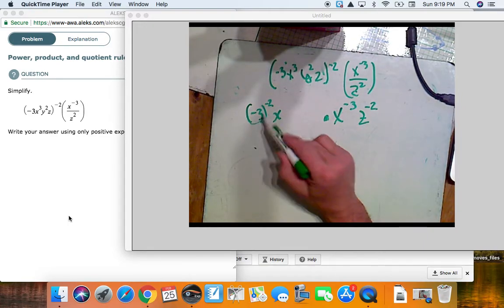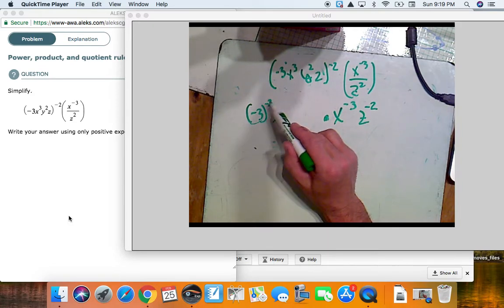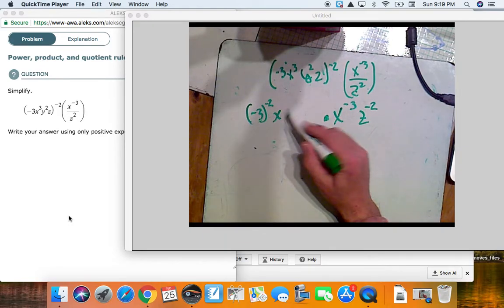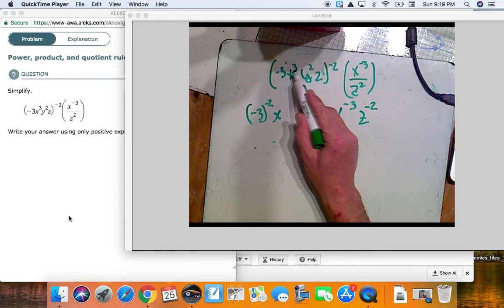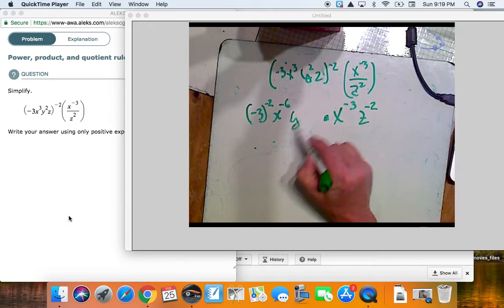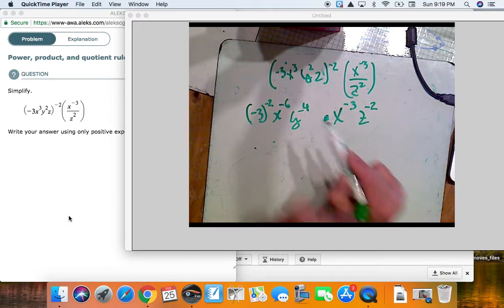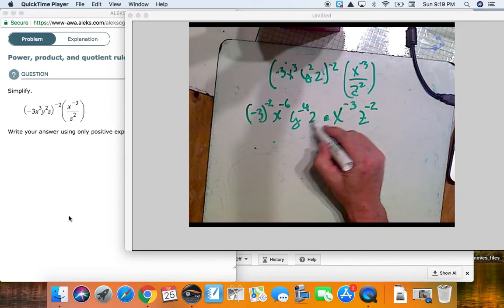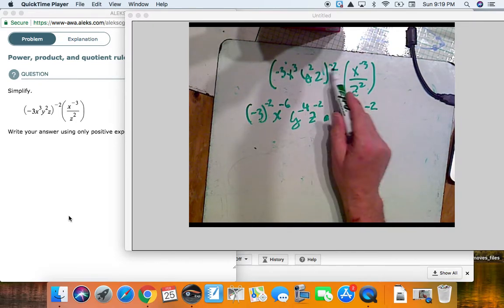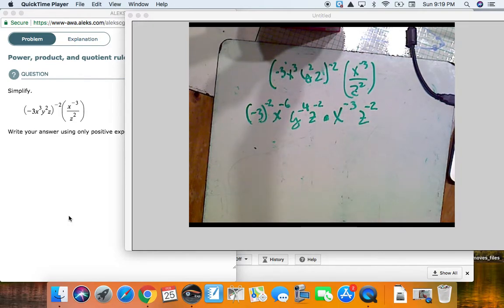And I'm going to put this negative sign in here because it's being squared. This is going to end up being positive, but let's make sure that we are clear about that. Then x to the negative 6th, y to the negative 4th, and z to the negative 2. Okay, so now I've applied that power to all those different bases.